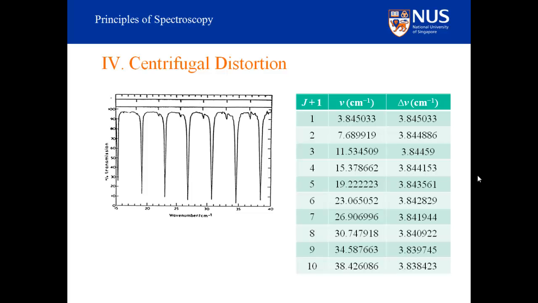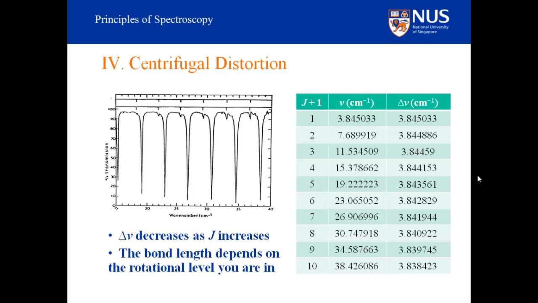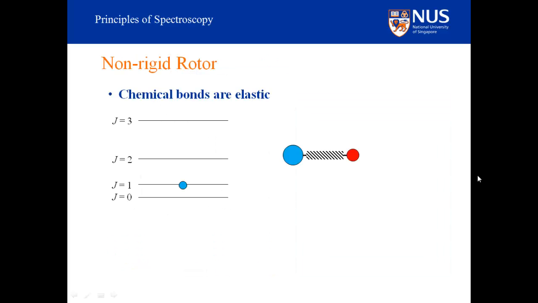So delta nu, the change in frequency as I go to higher J values, decreases. And that is because the bond length depends on which rotational level you are in. Ultimately, this is because chemical bonds are elastic, they are not rigid. So if J equals 1, the bond length will be this length, and my molecule will rotate like so.